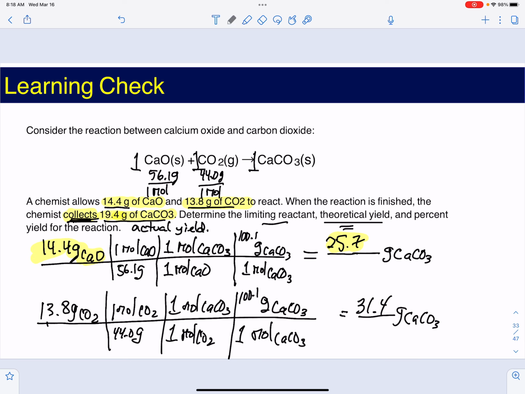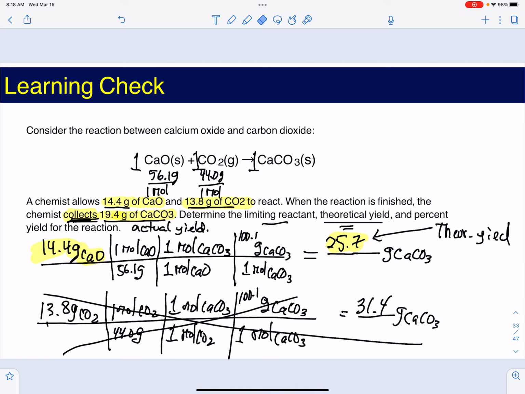The theoretical yield is the amount of product produced by the limiting reactant. So we don't have to use this one at all. So our theoretical yield is 25.7. Our actual yield is 19.4.